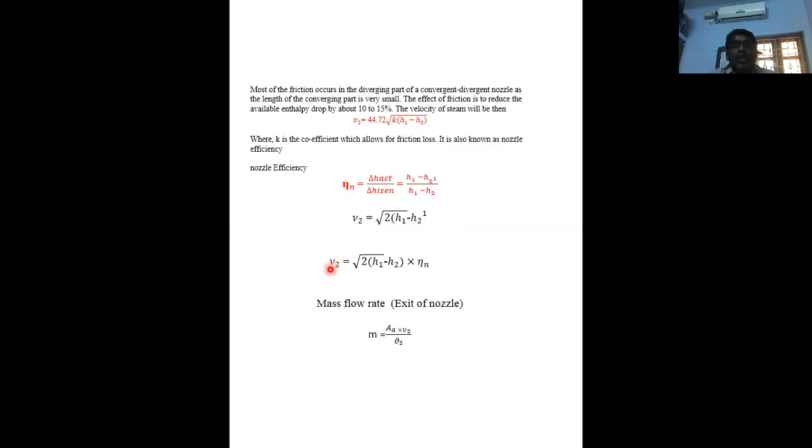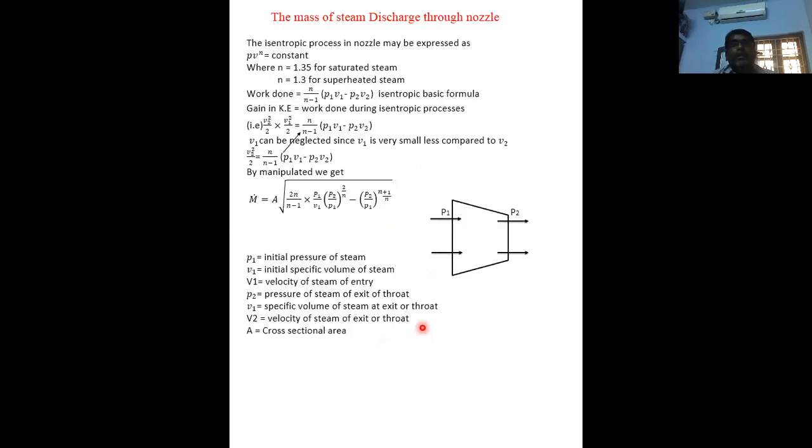Then the exit velocity including efficiency is the square root of 2(H1 minus H2) times the nozzle efficiency. The mass flow rate at the nozzle exit is m equal to area times exit velocity divided by specific volume.